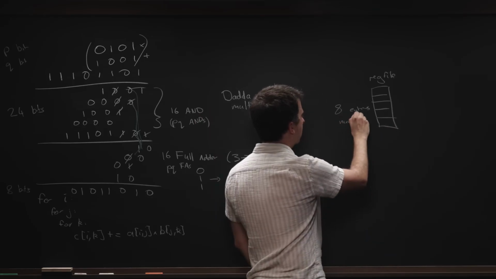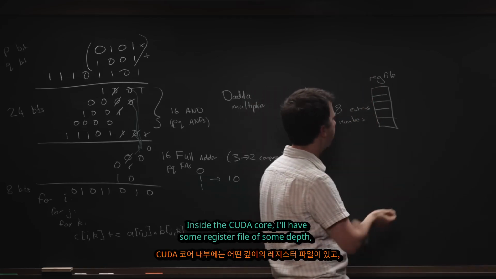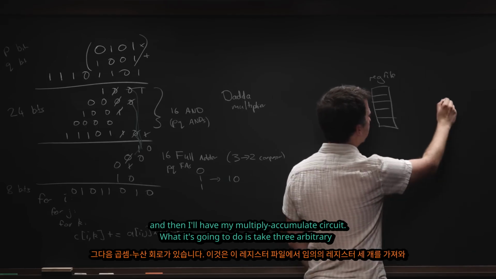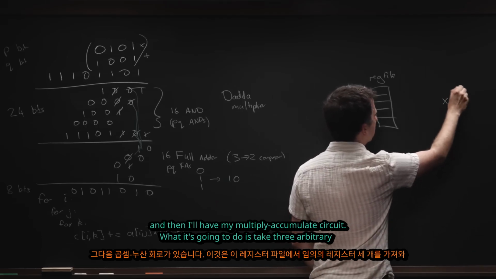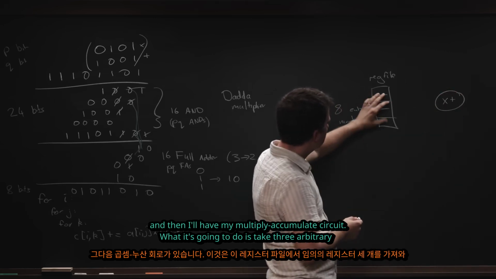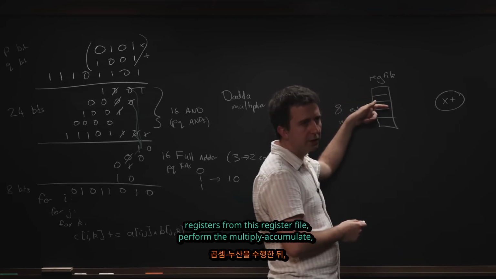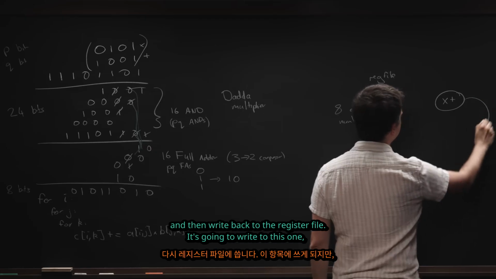So inside the CUDA core, I'll have some register file of some depth, and then I will have my multiply and accumulate circuit. What it's going to do is take 3 arbitrary registers from this register file, perform the multiply accumulate, and then write back to the register file.